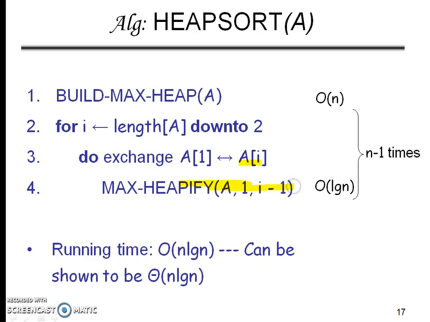Heapify takes log n time, and we perform deleting the root node n times, so it is n into log n, and this can be proved to take n log n time. Hence heap sort is better than merge sort.